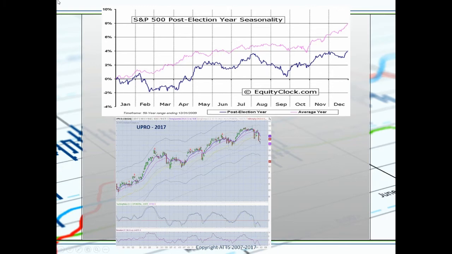what has taken place. And what I've done is we have the S&P up here on the top, showing its seasonality, and I've matched up a chart of UPRO, which is a 3-time leveraged ETF of the S&P, and this is the chart that it is put in for 2017 as of the 21st of August 2017.